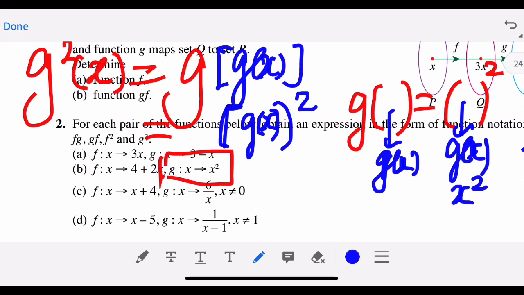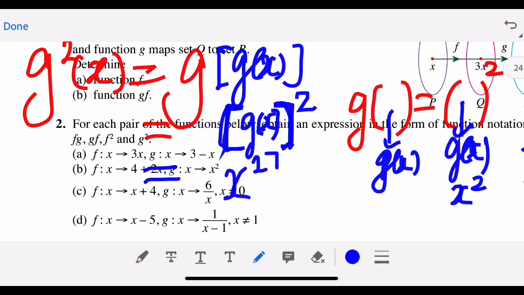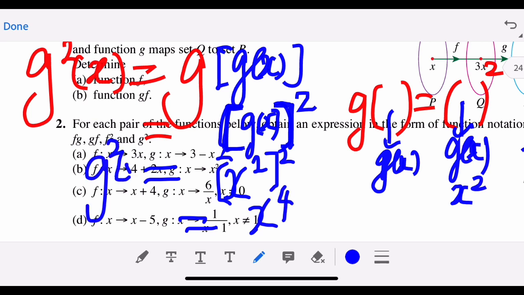So let's change to rectangle brackets to differentiate the two types of bracket. Now you see g(x) is equal to x squared. Then you have to square it. So the answer is x power 4 for g²(x). So g²(x) is x power 4.